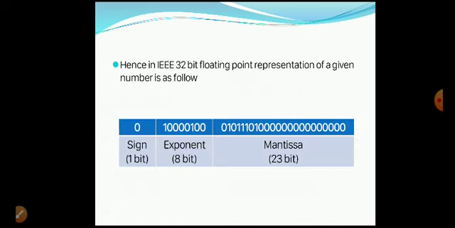Finally, the IEEE 32-bit floating point representation, or the single precision format representation of 43.625, is like this: sign bit 0, the 8-bit exponent, and the 23-bit Mantissa.